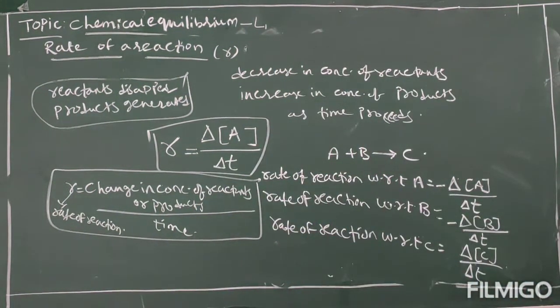Okay, please note down this point. The rate of a reaction with respect to a particular reactant or a product depends upon the stoichiometric coefficient of that substance in a balanced chemical equation.